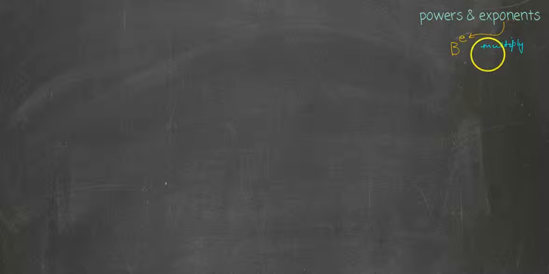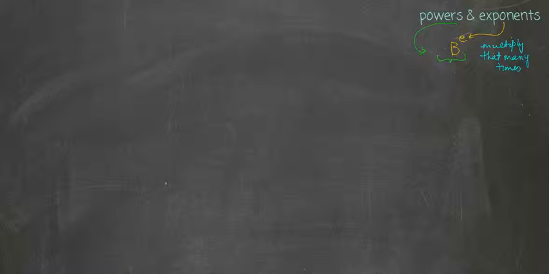You're going to multiply that many times. But what are you going to multiply that many times? Well, you're going to multiply the base that many times. All of this together, the entire thing all together, is a power.